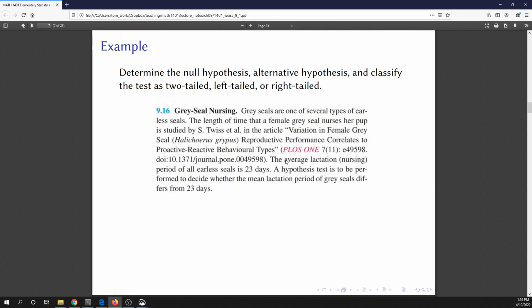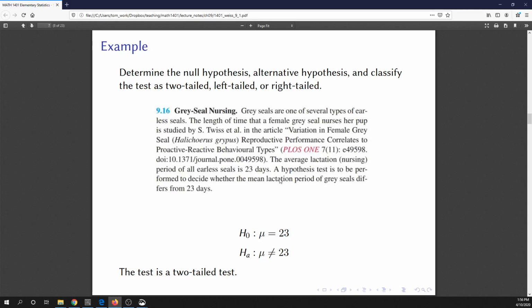So here, in this sentence, they talk about the null hypothesis, essentially what is believed to be known about the lactation period of these earless seals, or the gray seals: that the average lactation period is 23 days. So that is going to be your null hypothesis. The null hypothesis is that the population mean is 23.